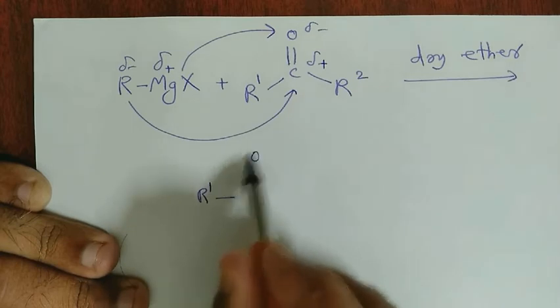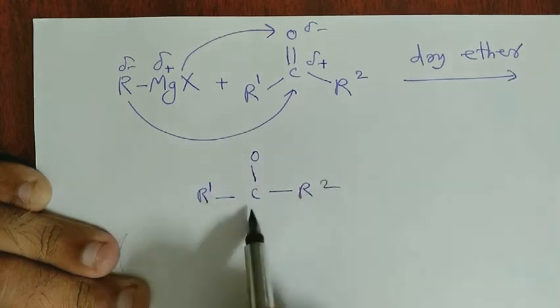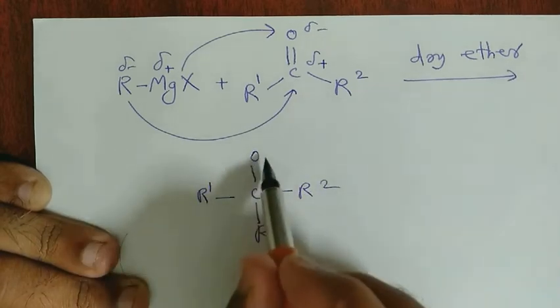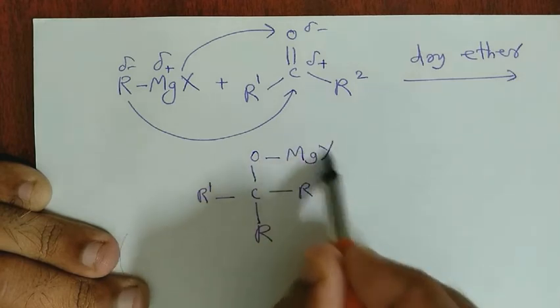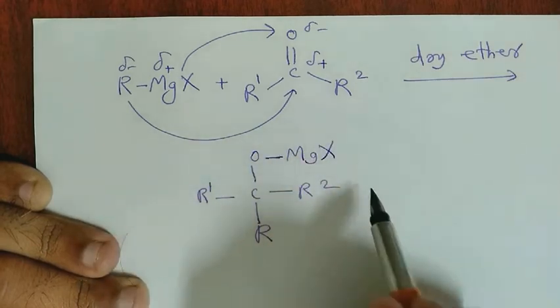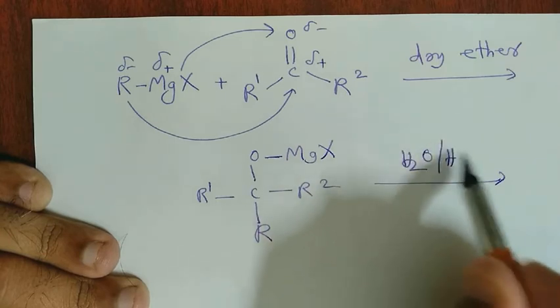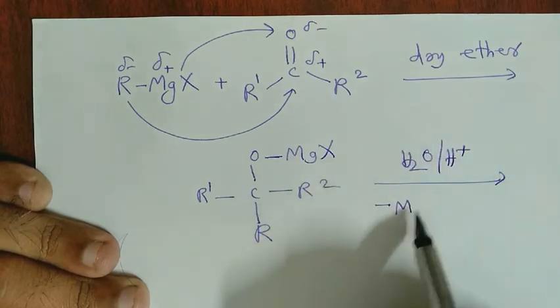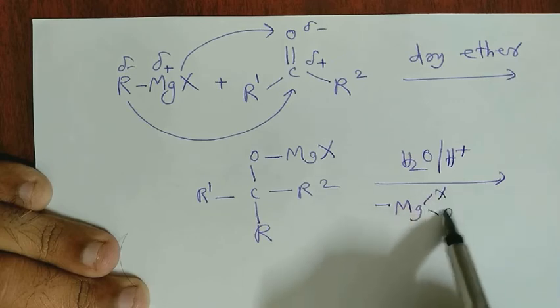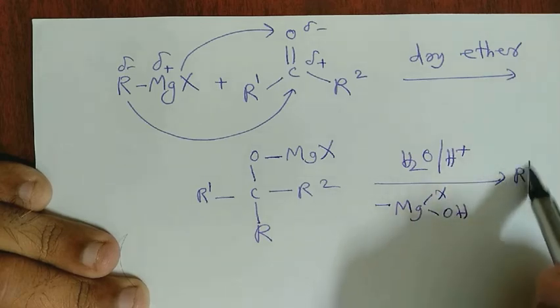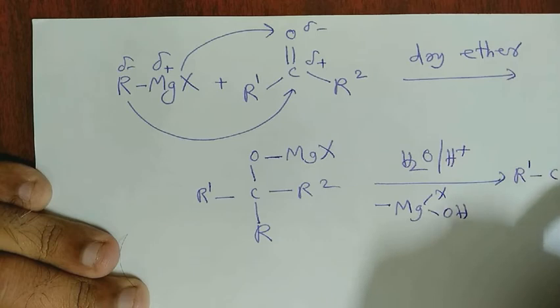R1-C(R2)(R)-O-MgX, with the R group from the Grignard reagent. This addition product on hydrolysis in acid medium gives a tertiary alcohol.